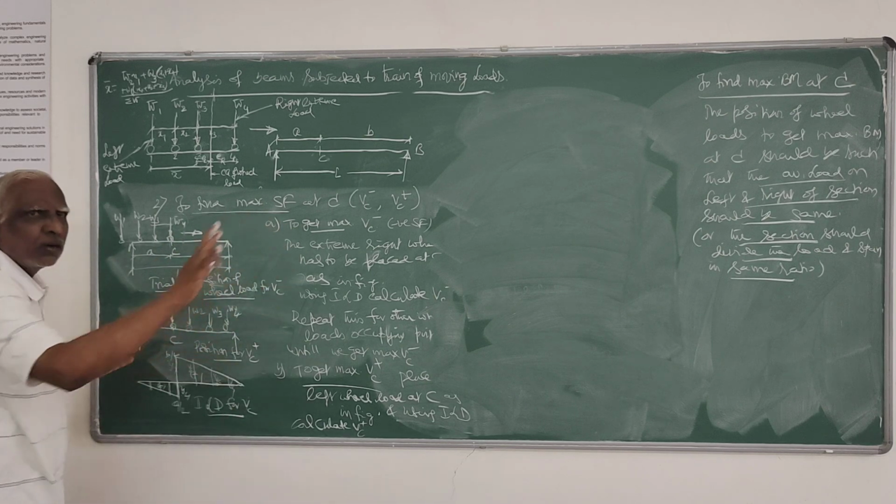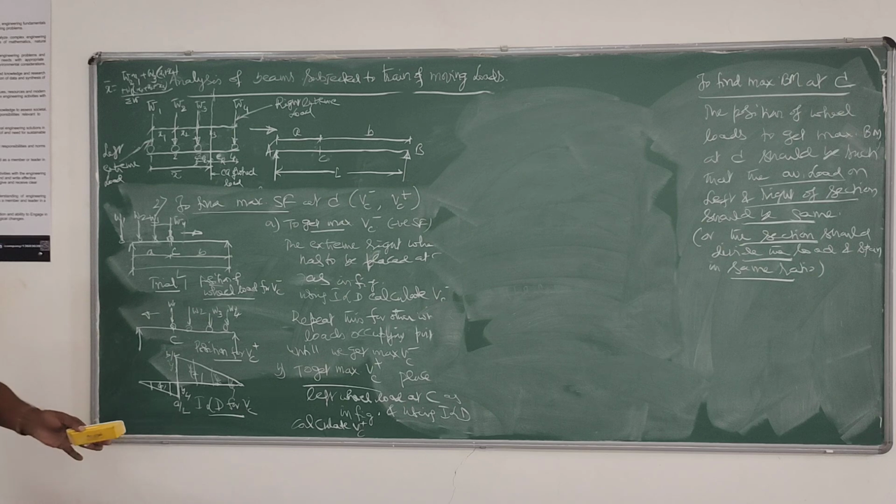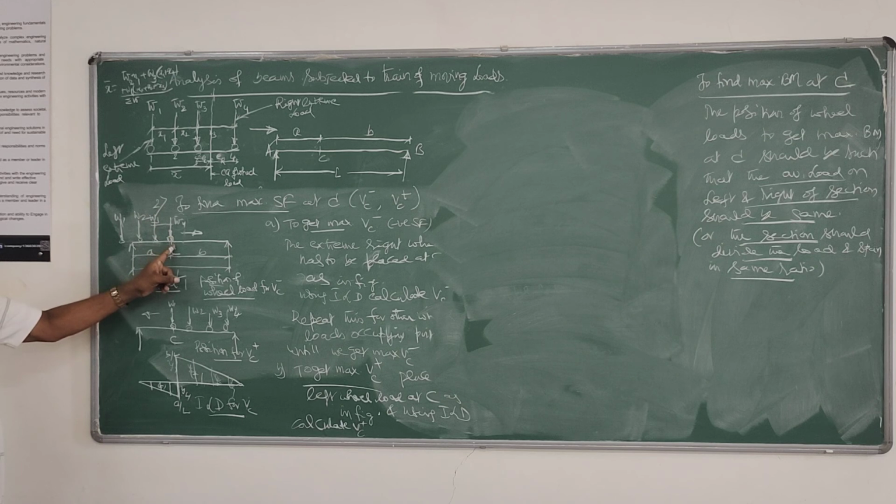Always the value of either shear force or bending moment corresponds to the right side value. So whenever I say a load is on the section, for calculation purposes that load has to belong to the right side.